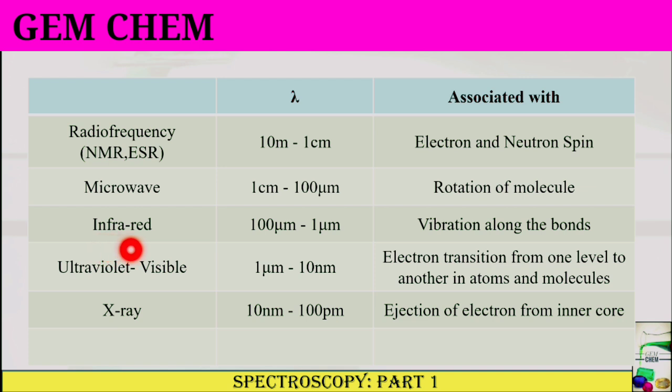For infrared, it is 100 micrometer to 1 micrometer and the vibration is along the bonds. Ultraviolet and visible, 1 micrometer to 10 nanometer, involve electron transition from one level to another in atoms and molecules. For X-ray, it is 10 nanometer to 100 picometer, and there is ejection of electrons from the inner core.